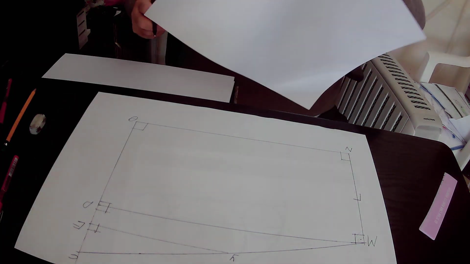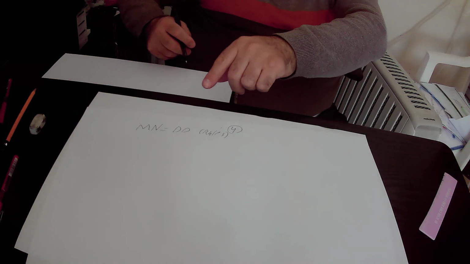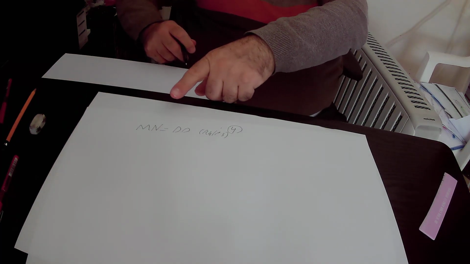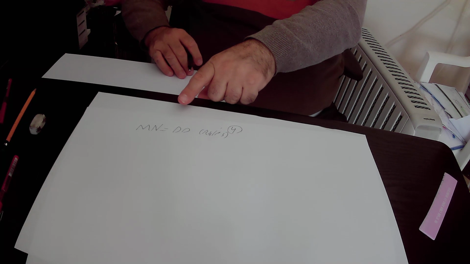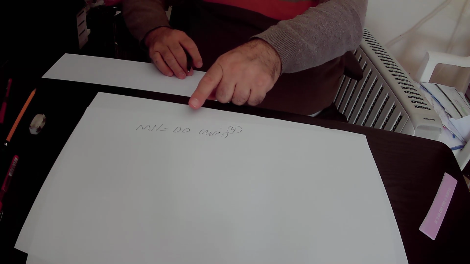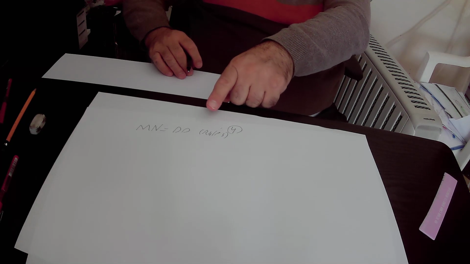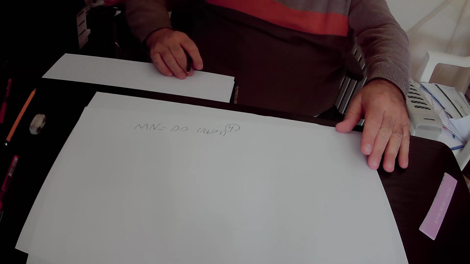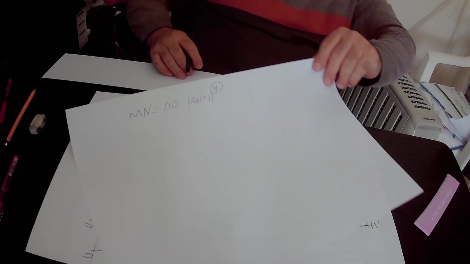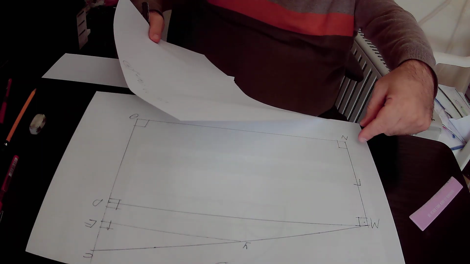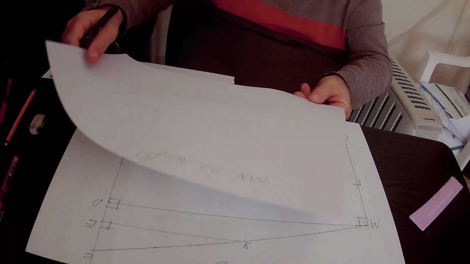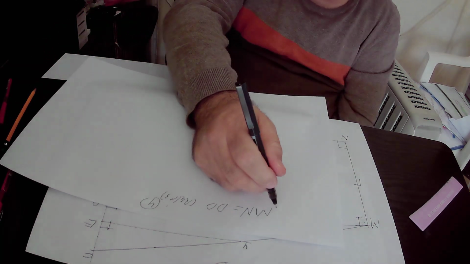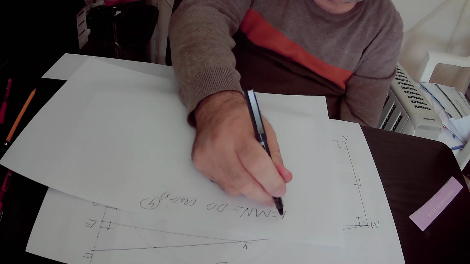I will repeat again. Side MN of rectangle MNOD is equal to side DO, according to rule number 3 that the opposite sides of a rectangle are equal to each other. But we know that MN equals R, the radius of the small circle.